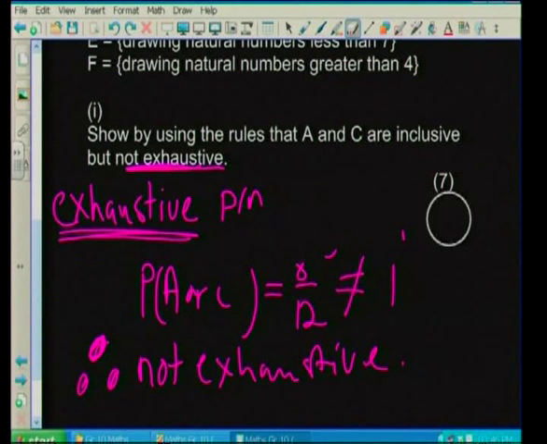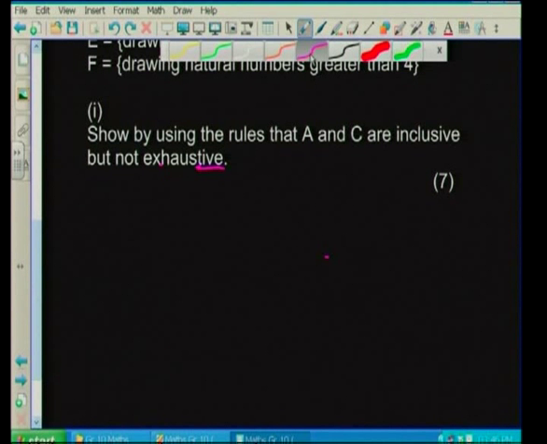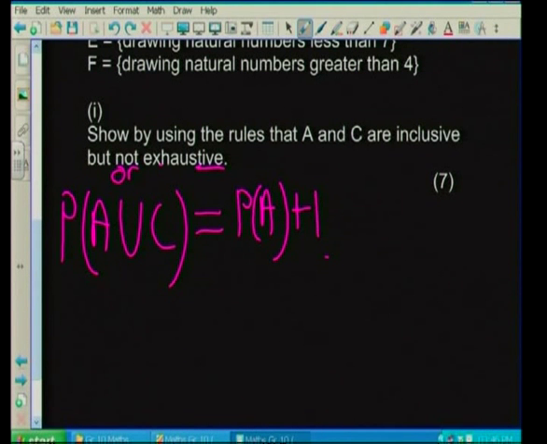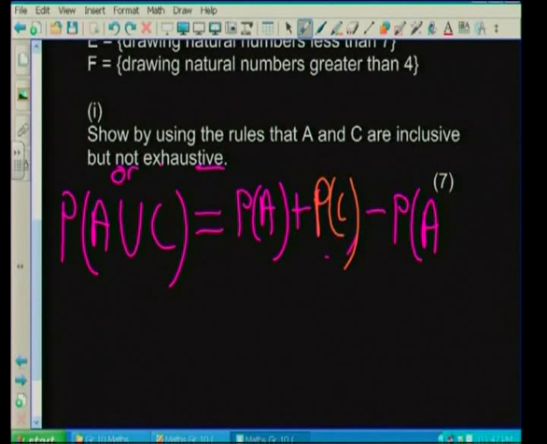So let's have a look at how to prove that they are inclusive. Right, so for events to be inclusive, the following, and I do think you guys get this formula, the probability of A union C, so that's or, must be equal to the individual probability of A plus the individual probability of B minus the probability of A, and again I'm using B and we're actually dealing with C, never mind, probability of C minus the probability of A intersection C. Right, so you can do it separately, left hand side, right hand side.